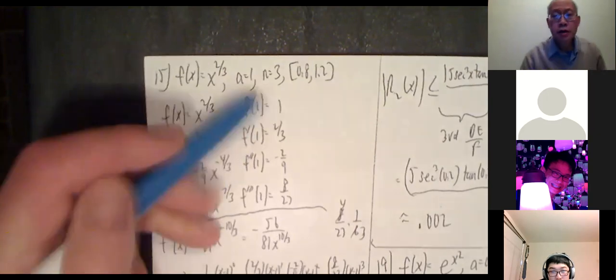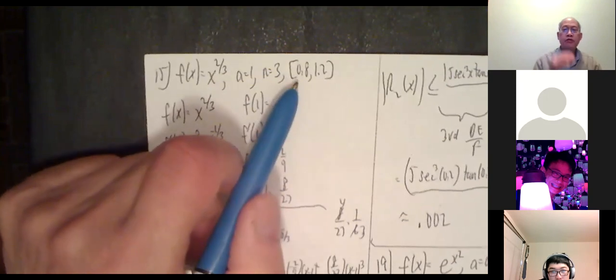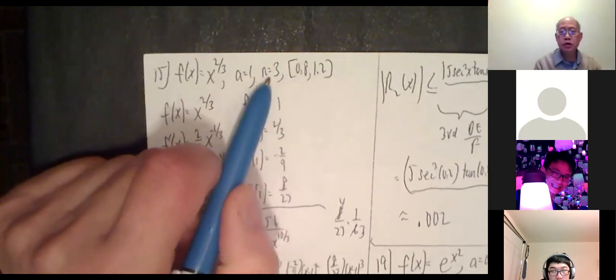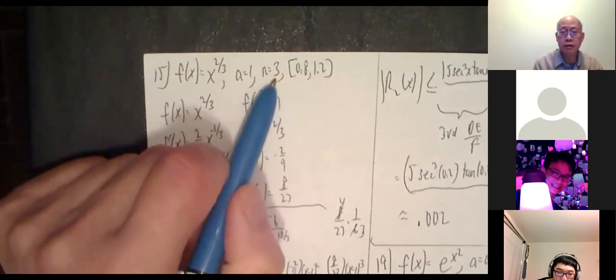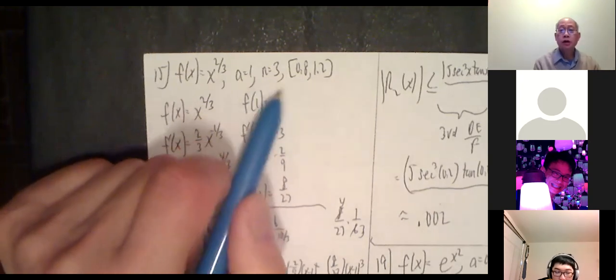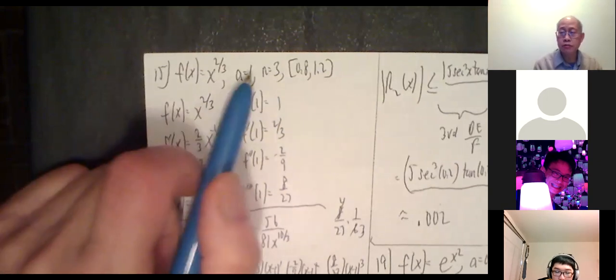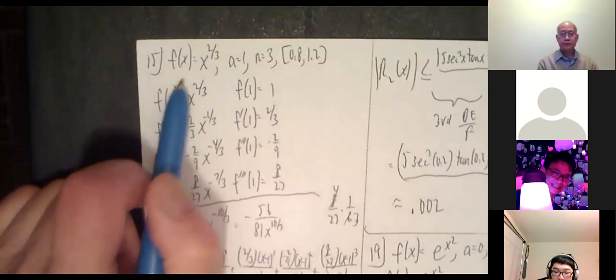Set it at a equals 1, n equals 3, from 0.8 to 1.2. So first come up with the third degree Taylor polynomial, and then what's the maximum error possible. So I need T3, but I actually have to go to the fourth derivative by the theorem, right? The remainder is based on the n plus first derivative, exponent, and factorial.